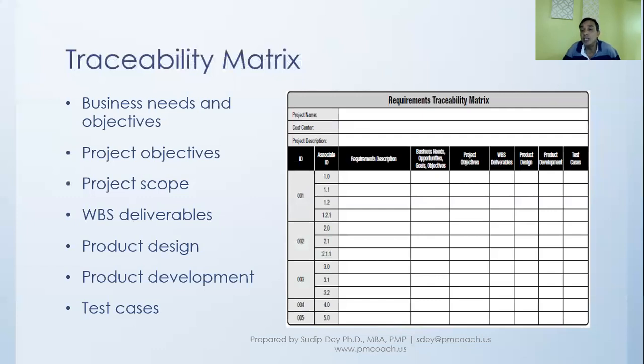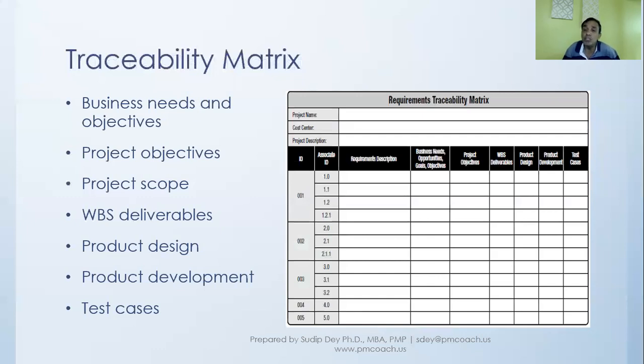And when we say WBS deliverables, we put together work breakdown structures, and there will be work packages. We can say that this particular work package is addressing that requirement. Product design: which part of the product design is addressing this particular requirement?